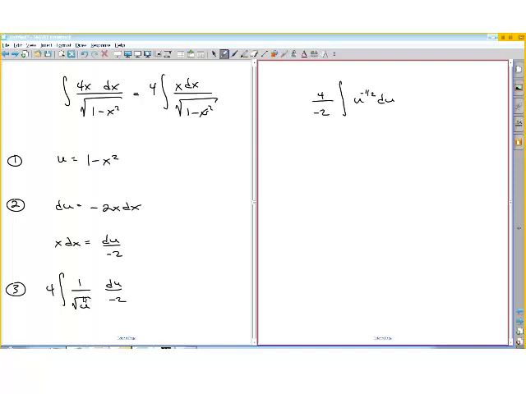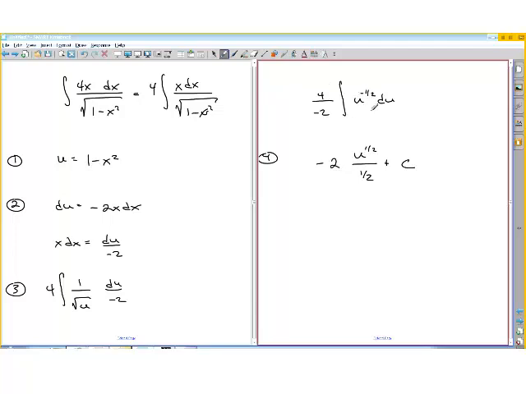I've changed that to the half power and then moved it to the numerator. Then I integrate. 4 divided by negative 2 is negative 2, and the integral is going to be u to the 1/2 divided by the new exponent, which is 1/2, plus c.